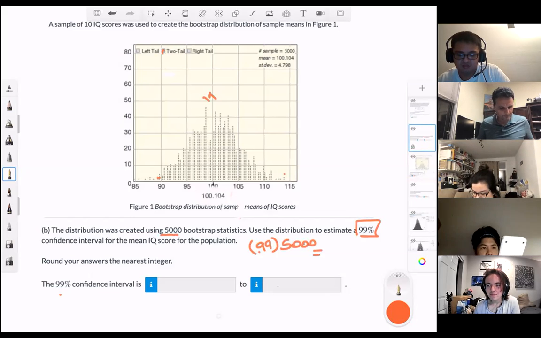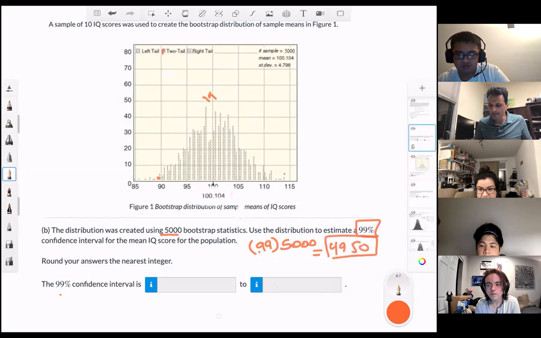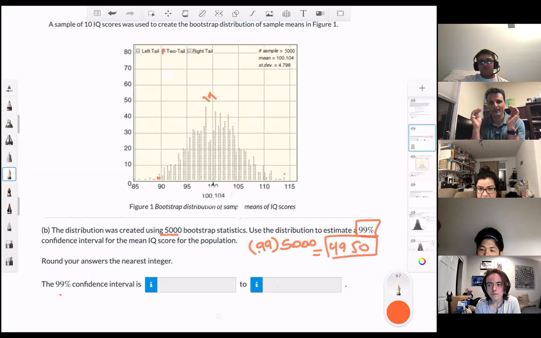If you multiply, what do we get? 4,950. So 4,950 of the data are going to be in the 99%, right?